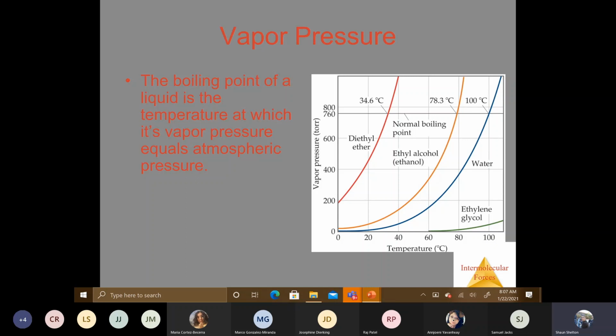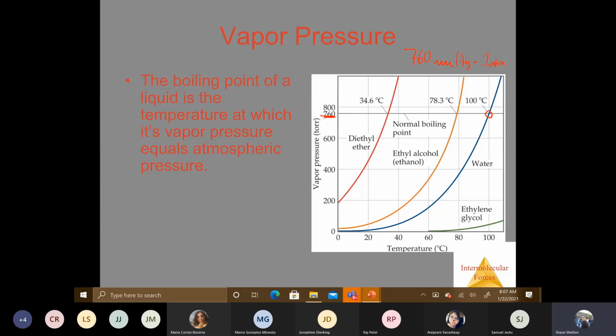So water, if we look right here on the graph, water at 760 torr, which is also 760 millimeters of mercury, is also equal to 1 atmosphere. This goes back to the gases that we talked about last semester.